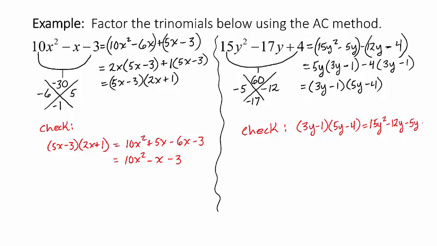And negative 1 times negative 4 is positive 4. Okay, so cleaning up the middle term, we're going to have 15y squared, negative 12y minus 5y is minus 17y, plus 4. And is this the original expression that we started with?